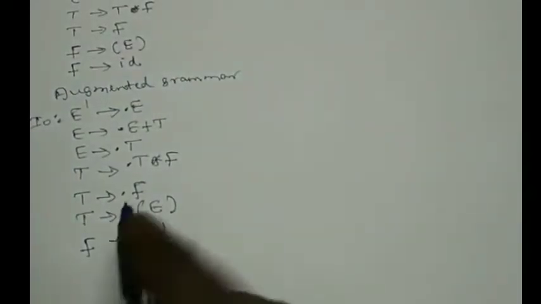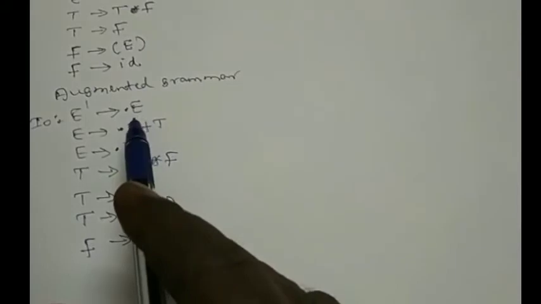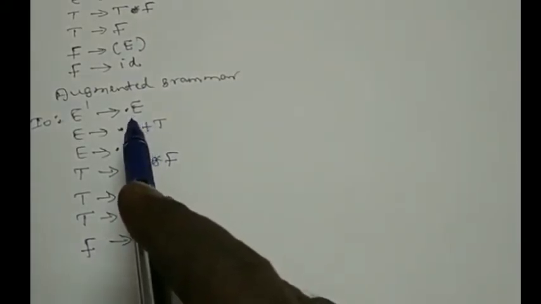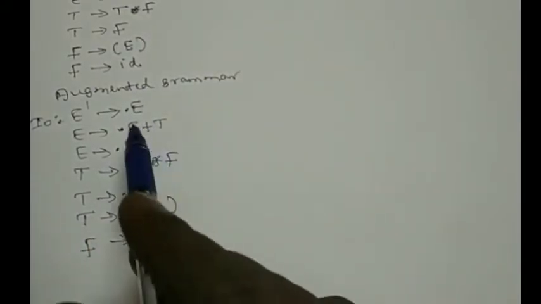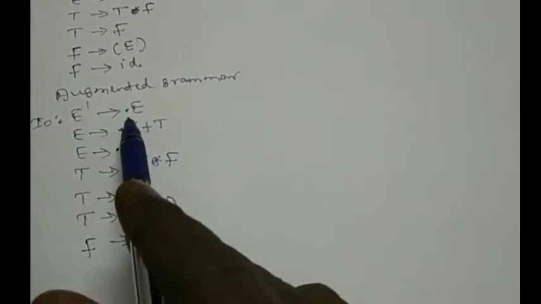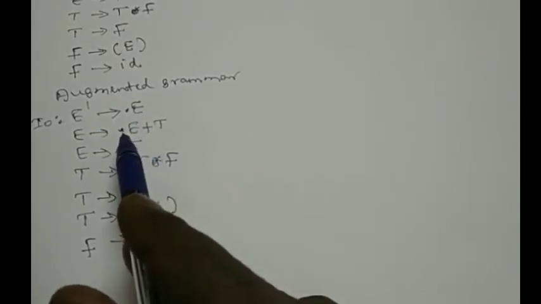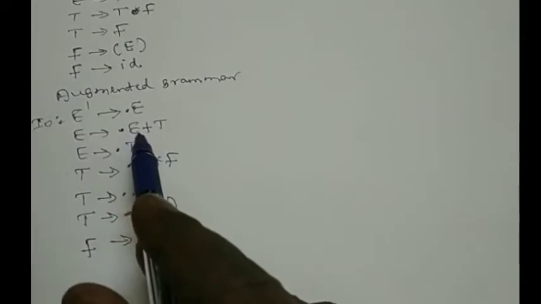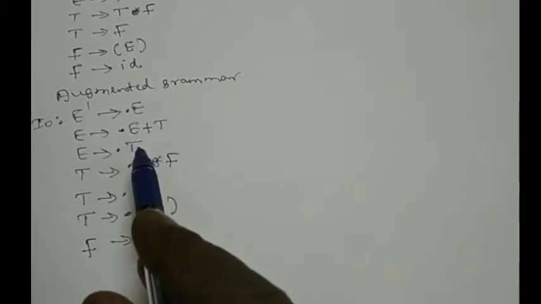Now what you have to do is wherever the dot is before a terminal or a non-terminal, you are supposed to process that. So here when you take up the first production, a dot is before E, and the second production also has a dot before E. Wherever the dot is there, you are supposed to process that. Okay.